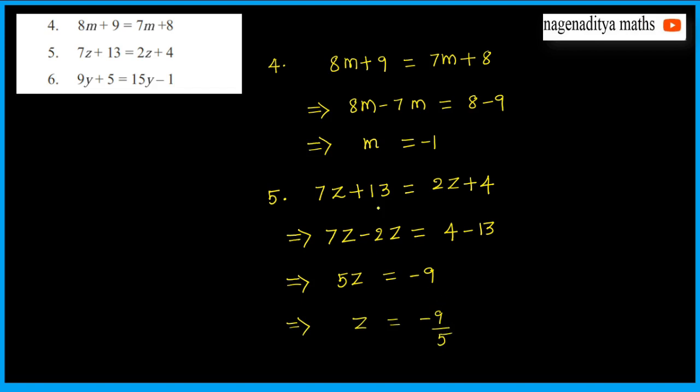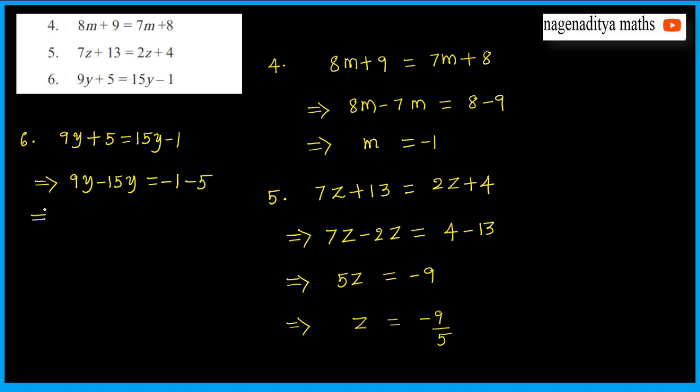Okay. Sixth one. 9y plus 5 is equal to 15y minus 1. So write the y terms in one side. 9y minus 15y is equal to minus 1 plus minus 5.